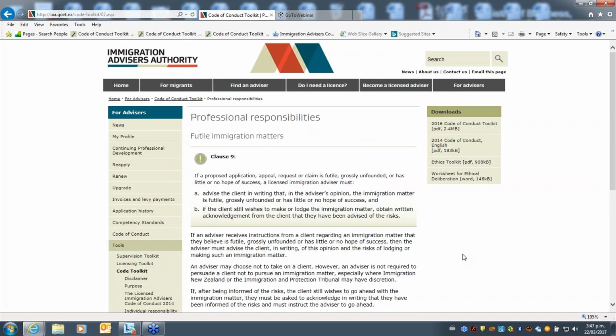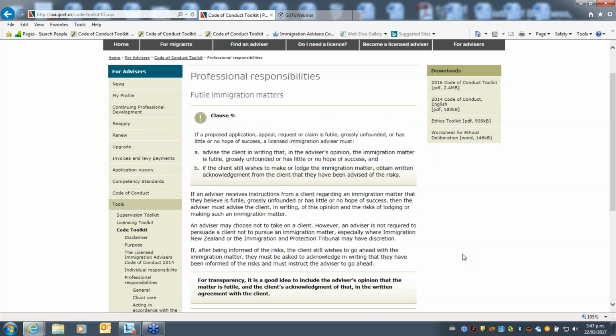Clause 9 talks about futile immigration matters. So it's really important, firstly, to think about the prospects of success, and I'm sure that you're all doing this when you're considering taking on a client. But you really need to think about the prospects of success when you're taking on a client and when you're entering into that relationship.